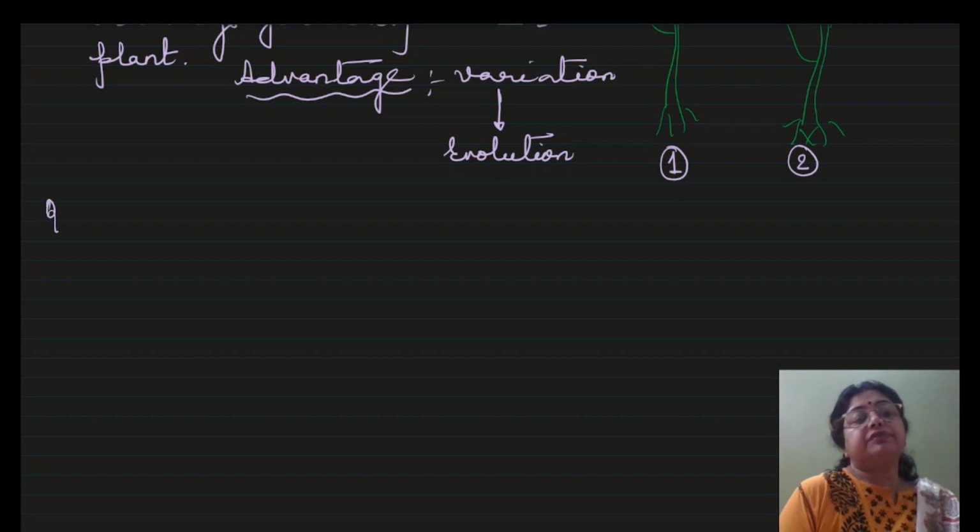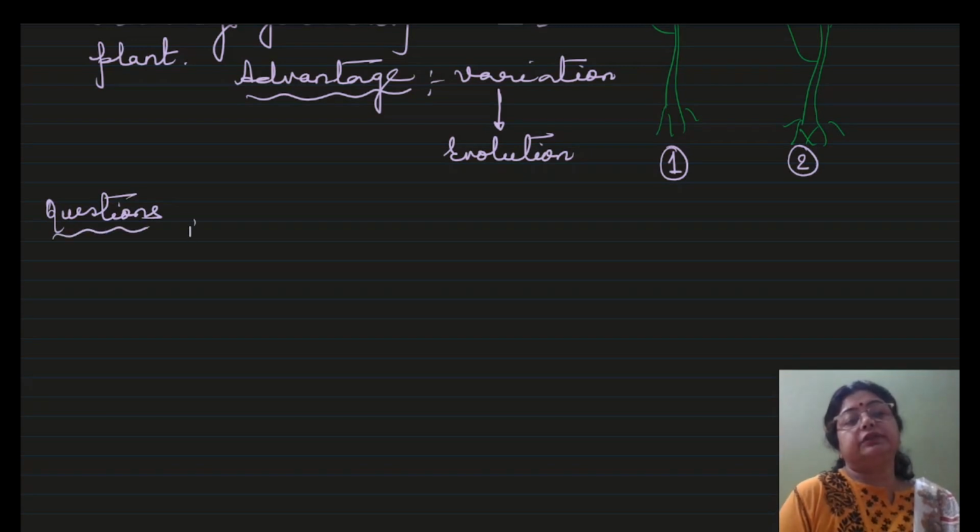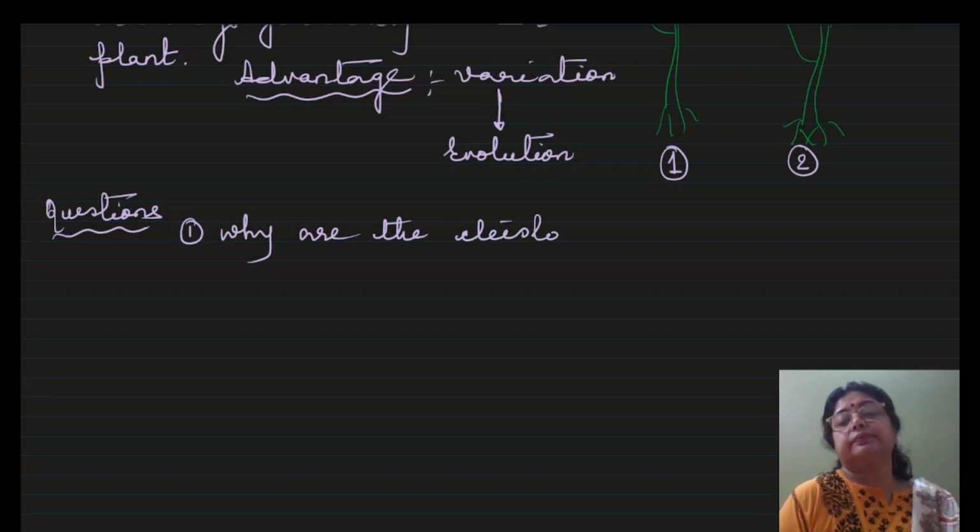Let me give you some idea of the questions. Generally they come first: why are cleistogamous flowers invariably autogamous?